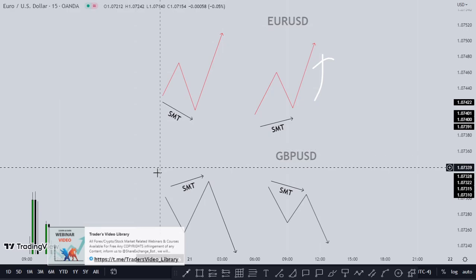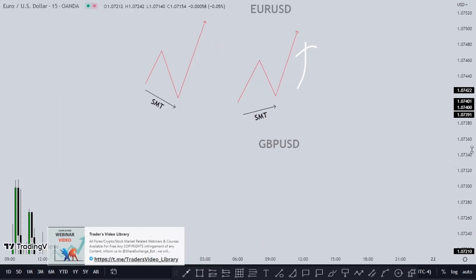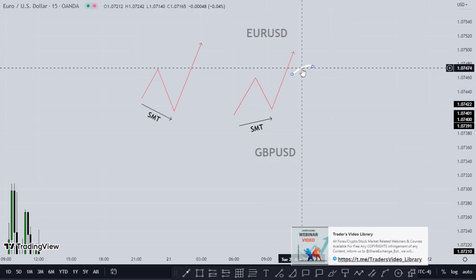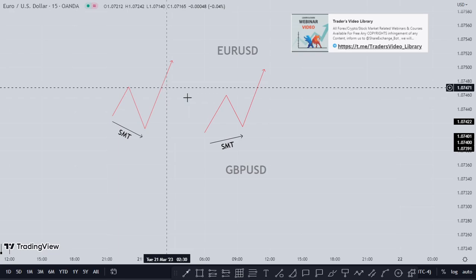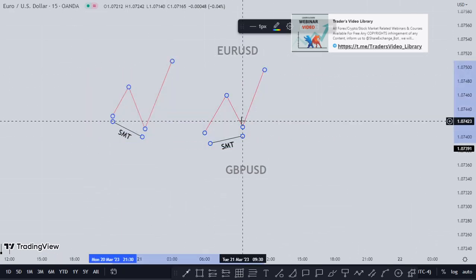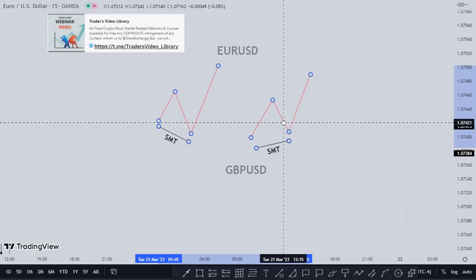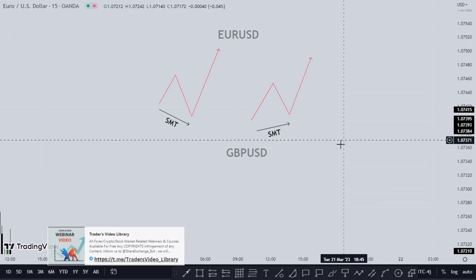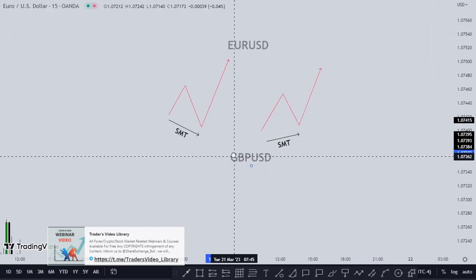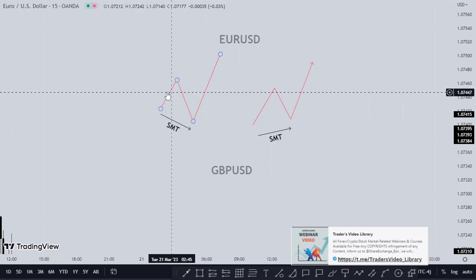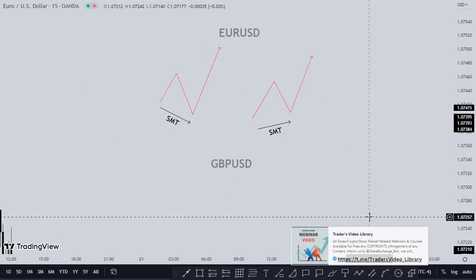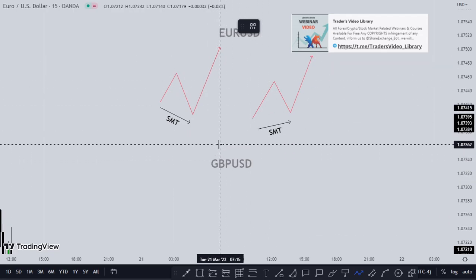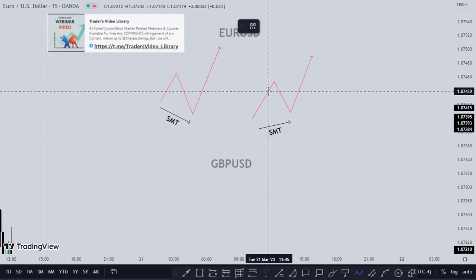What does it mean? I should delete this and this also, and move this right here because that would be more beautiful. So, if Euro USD made the lower low and GBP USD, as we know, they are the correlated pairs.